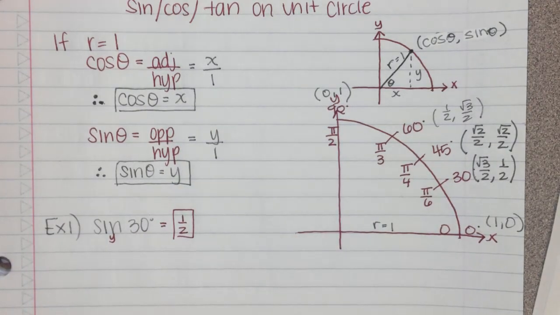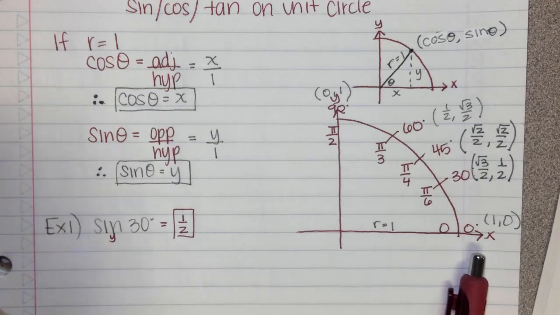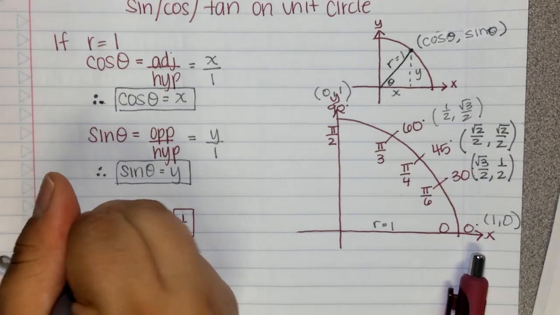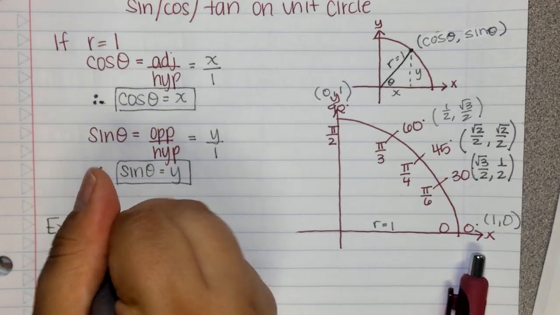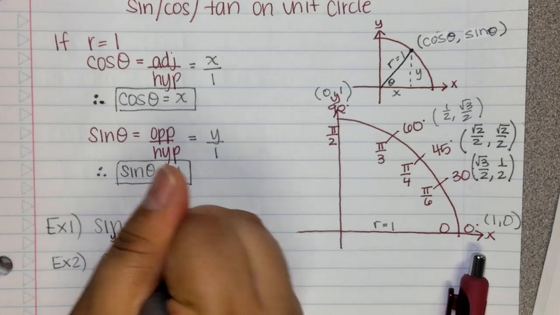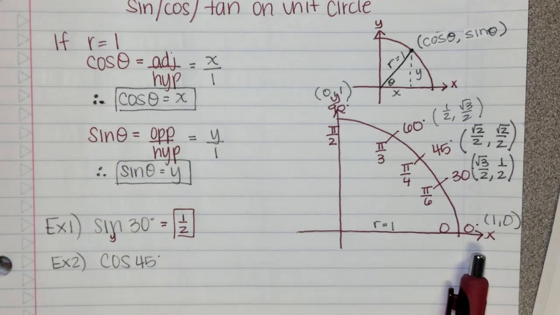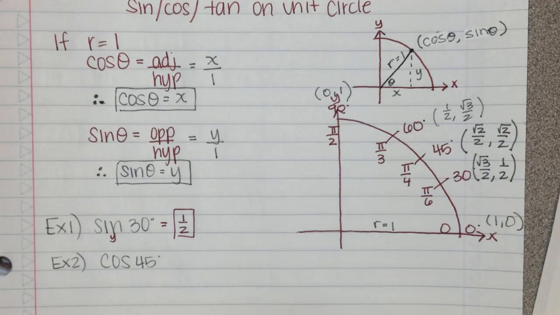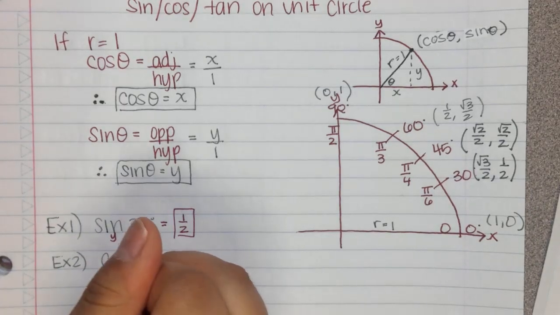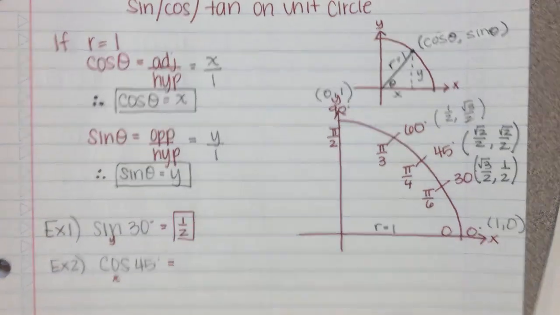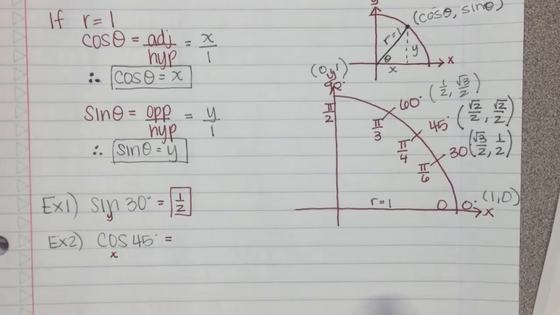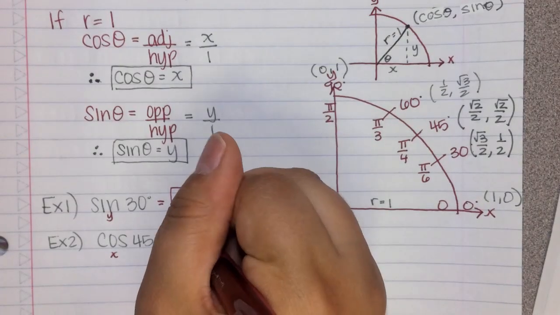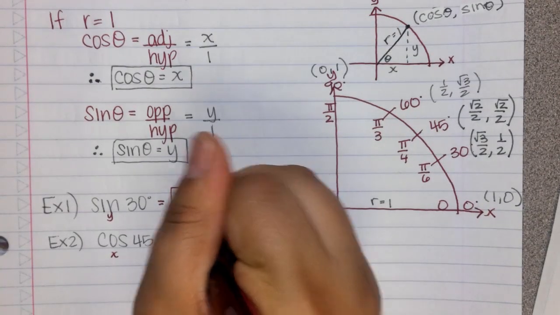That's how we do this. What is the cosine of 45 degrees? Cosine is your x value. And really we like 45 degrees because you kind of can't get it wrong, right? So what's my answer? Square root of 2 over 2.